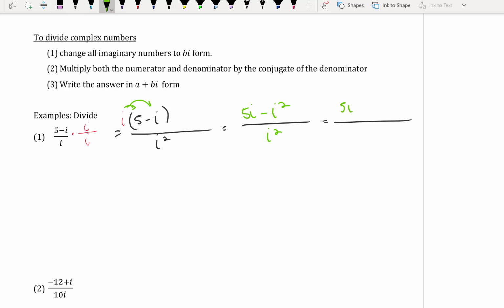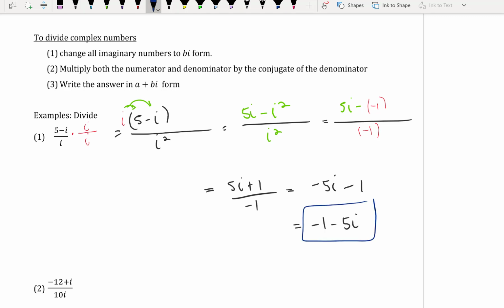So I know that an i squared is really a negative 1. So I'm going to have 5i plus 1 over negative 1. So I'm really going to have this as a negative 5i minus 1. And to rewrite it in standard form, it would be negative 1 minus my 5i. So negative 1 minus 5i will be my final answer.